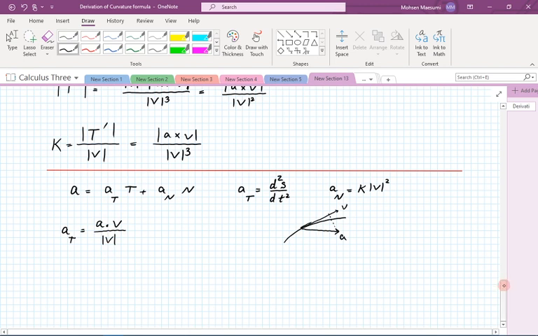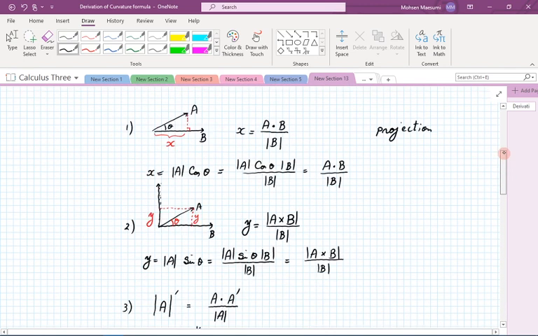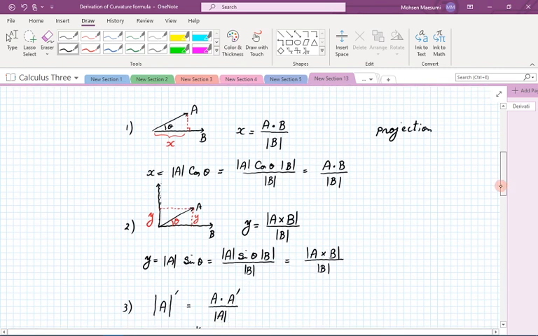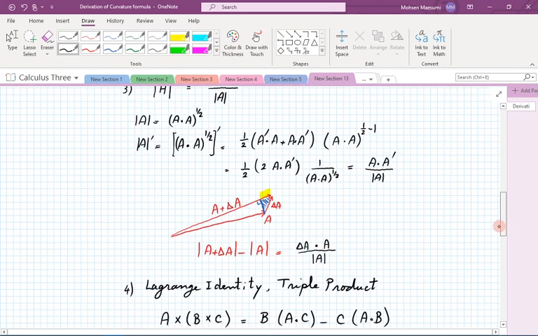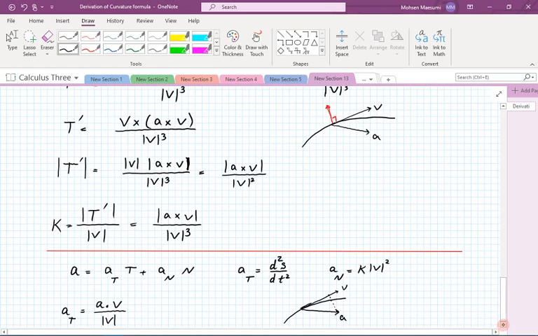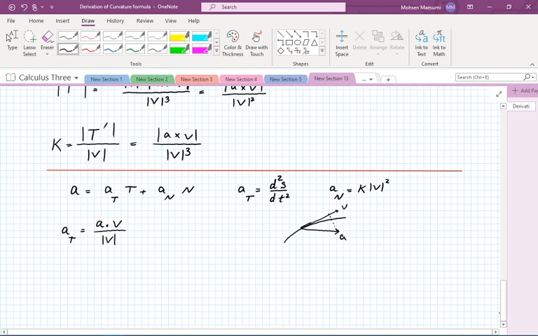That is the component formula we learned way back here. Projection of a vector on another vector had this simple formula. Now we come to the derivation that we had.